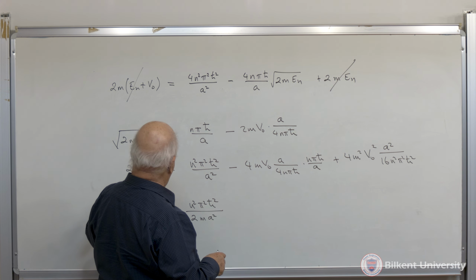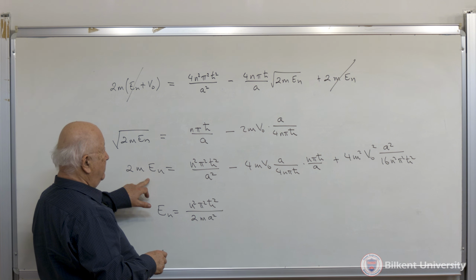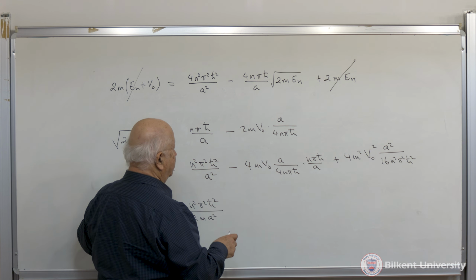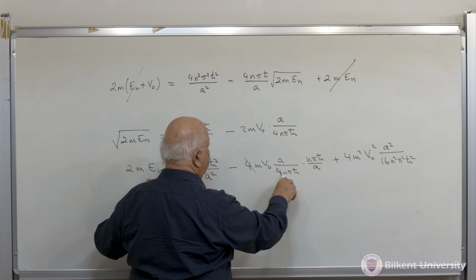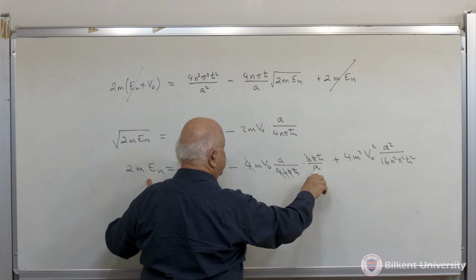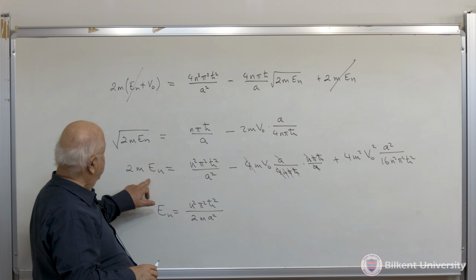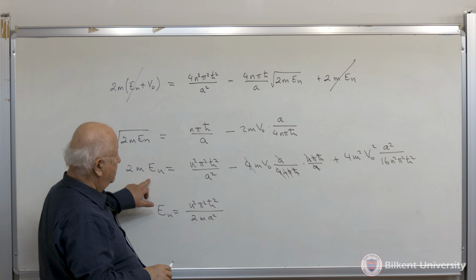Okay, so let's see what this is. This is going to cancel a, so lots of cancellations here. 4, 4, n, pi, pi, h bar, a. So you feel like there's nothing left, and you're right.